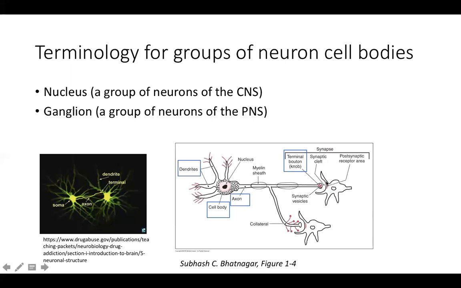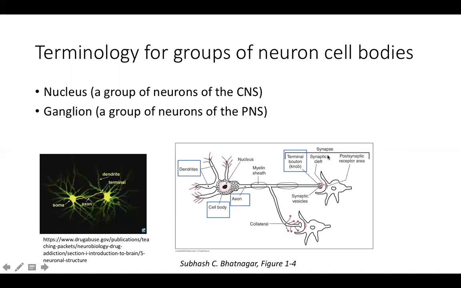And so this entire region that includes the terminal of the axon from this original neuron, as well as the area that receives the connection from this original neuron, which is here the postsynaptic receptor area, this entire region is called the synapse.